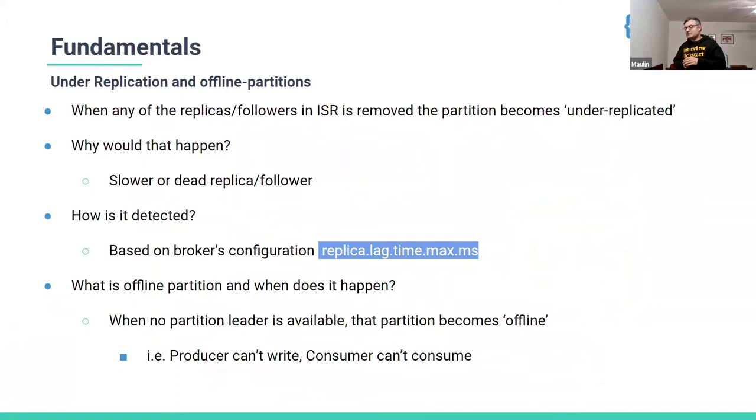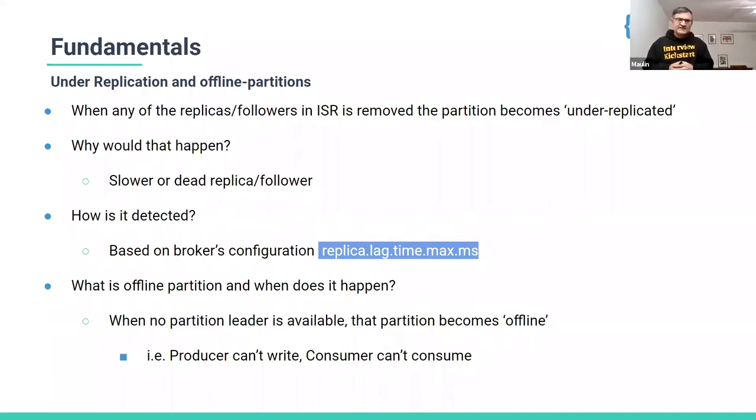So now we talked about the in-sync replica set, right? The 3 brokers are considered to be in sync as long as they remain within some configurable bound of messages lagging in the replication. That configuration, which I have highlighted in blue here, is replica lag time max milliseconds.